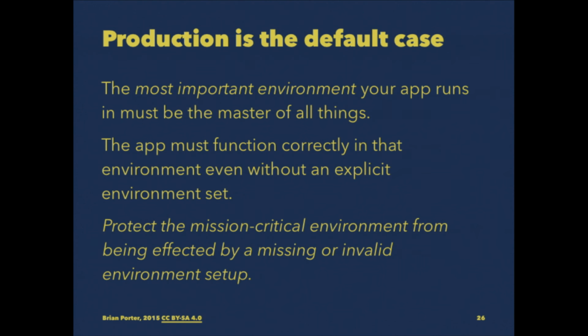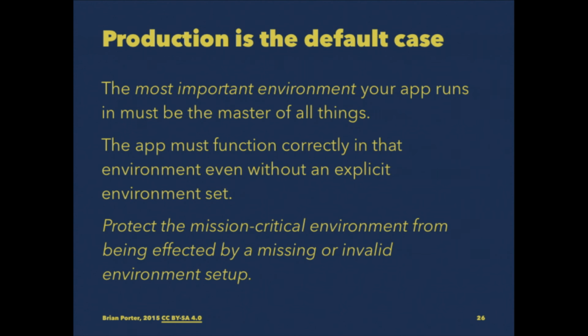Next, and as always, we want to reduce the possibility for human error. So we're going to make the most important environment that our app runs in the default environment. Usually this is production. It may be something different for you. But what we want to do is ensure that even if our switching for which environment our application is run in is missing or misconfigured or horribly damaged, our app will still run in production.